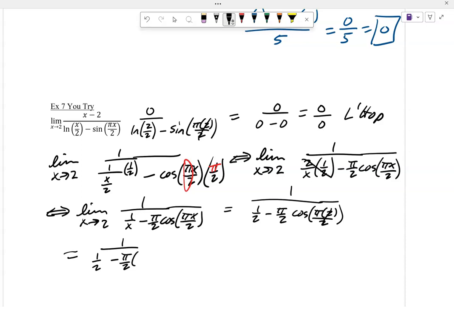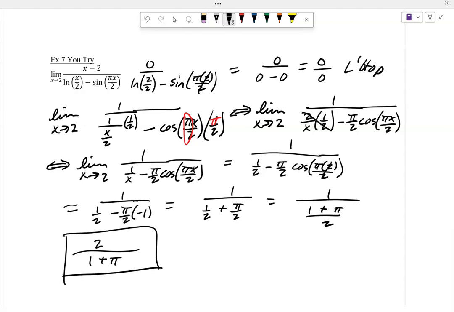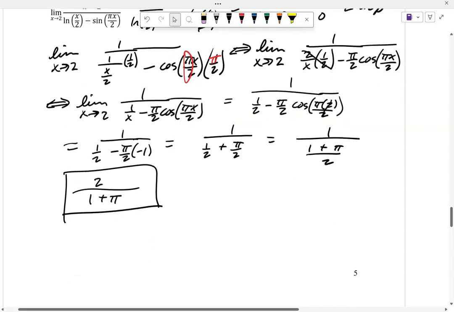Well, we know cosine of pi is -1. And so we got 1 over 1 plus pi all over 2. So it looks like we've got 2 all over 1 plus pi. And there's our limit using L'Hopital's rule on that one.